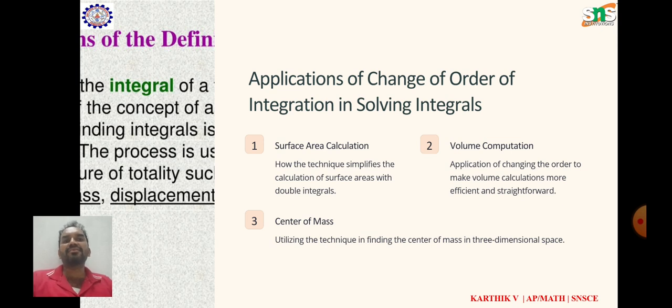Applications of Fourier and Laplace transforms. Changing the order of integration is employed in the evaluation of Fourier and Laplace transforms, which play fundamental roles in signal processing, control theory, and differential equations. Volume and surface area calculations. Changing the order of integration is useful for computing volumes of solids and surface areas.